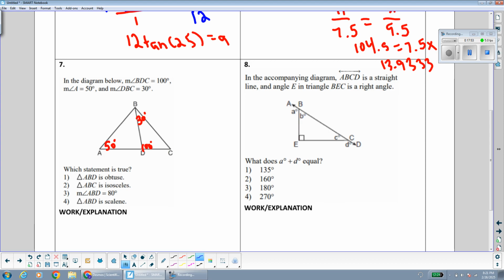So what does the other one have to be? 50 degrees to make 180. These are supplementary angles. They form a linear pair. So if this is 100, this one next to it has to be 80. And then if we have 80 and 50, the last angle of triangle ABD needs to be 50.